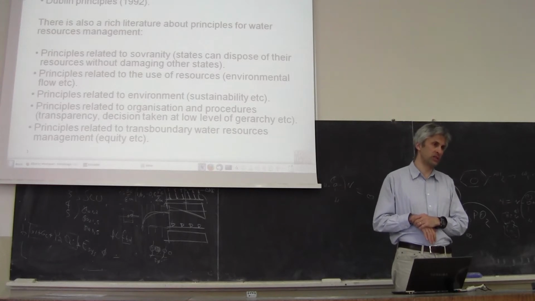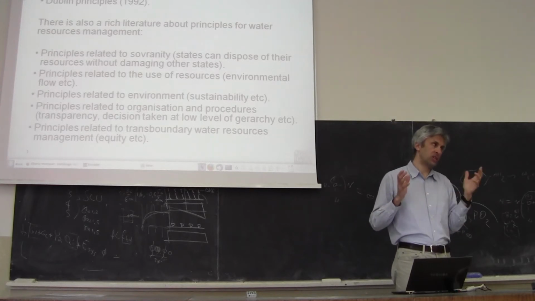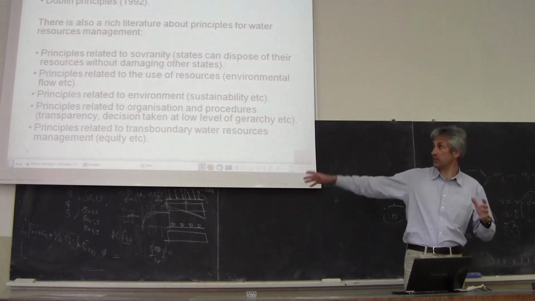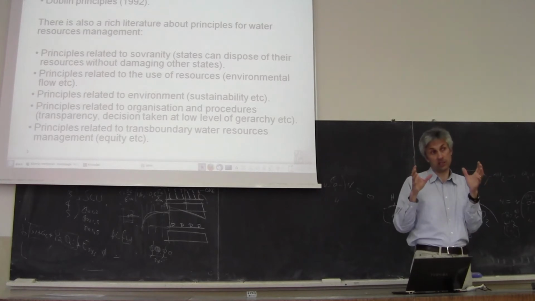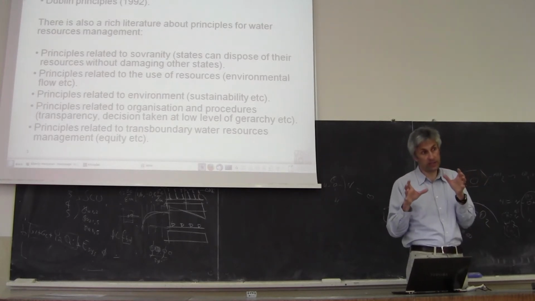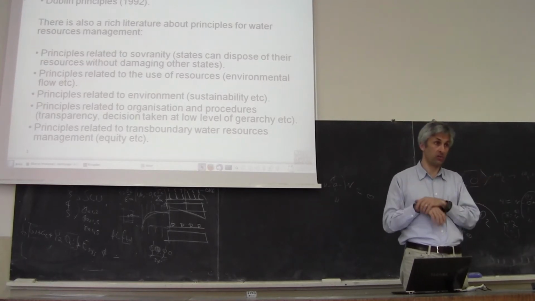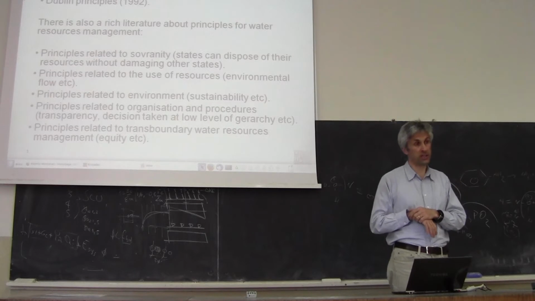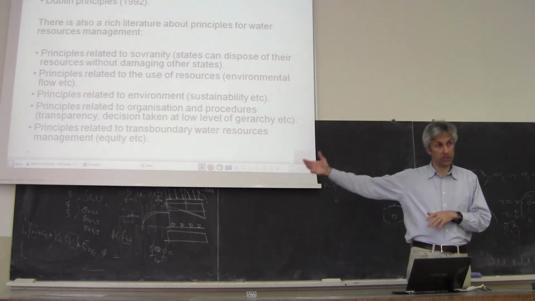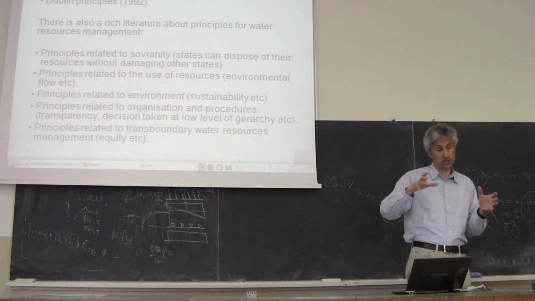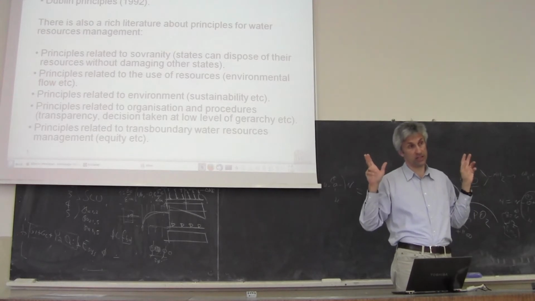And we engineers may say that translating these principles into practice is not our main task. We need the support of an economist, of a sociologist, of an expert in political sciences to translate these principles into mathematical constraints.